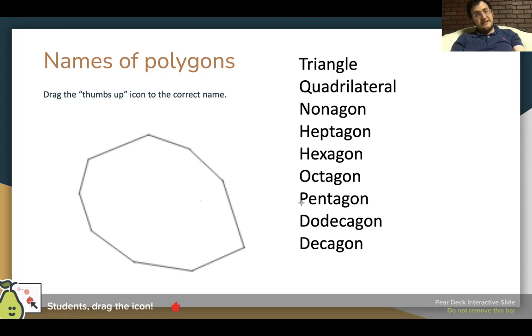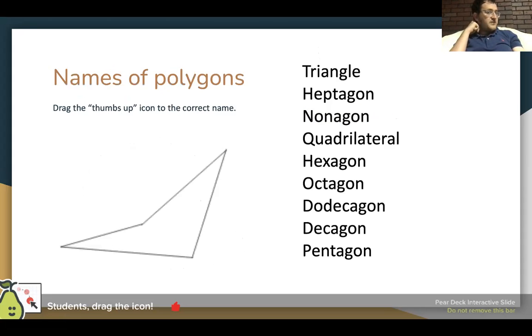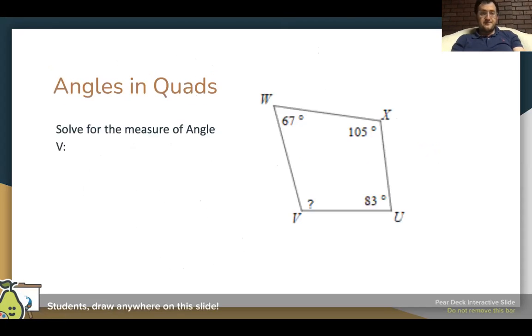So I got 9 sides. So that would be a nonagon. This one focuses on the quadrilateral because we got 4 sides. There'll be a few questions on your IP where you're just going to classify the polygon.